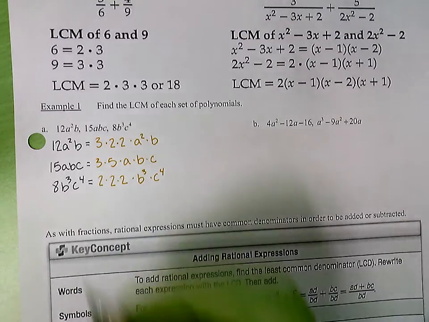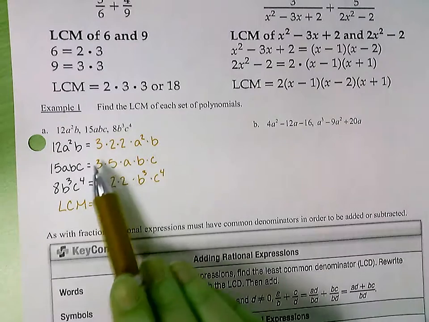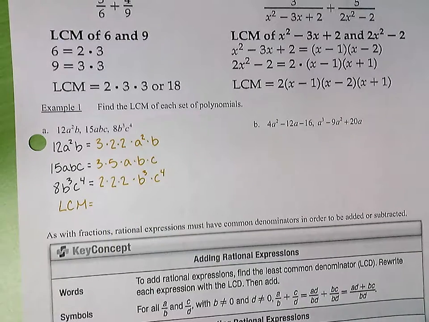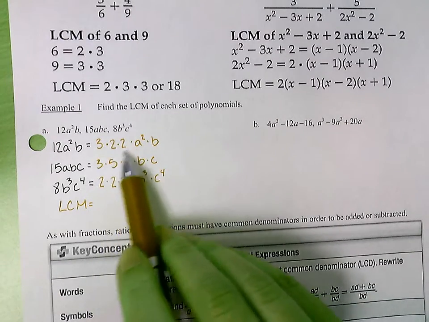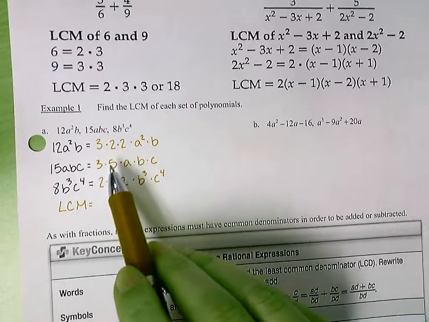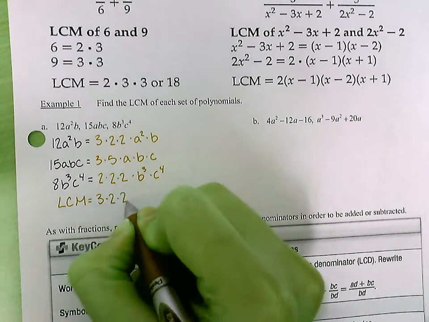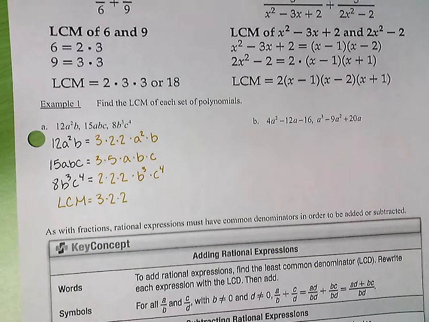All right, so writing out your LCM, I start with the numbers first and then do the variables. In my first term, I know I need all three of these numbers for sure. So I always rewrite all the numbers that were in your first term. So 3 times 2 times 2.